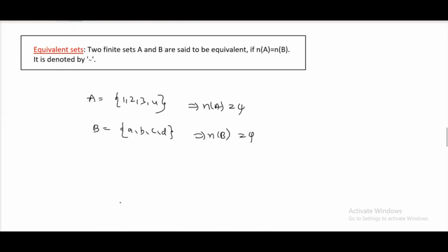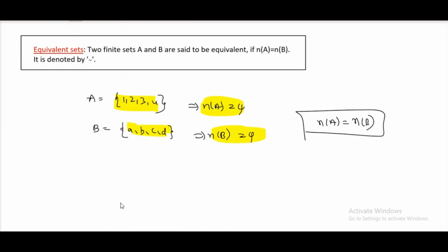Here the cardinal number is the same, but the elements present are not the same. So the sets in which n of A is equal to n of B, that means if the cardinal numbers are the same, the number of elements present in the sets are the same, then we can say those are equivalent sets.